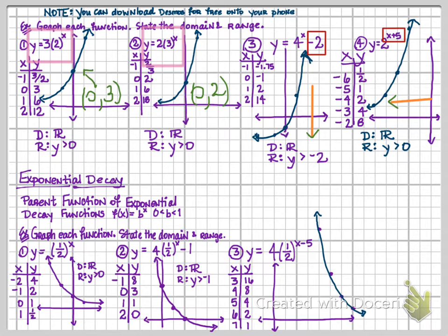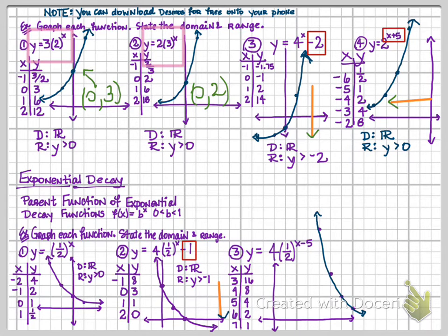So there's something really important that I forgot on this entire page. I'm going to fix that in a second, but I want to talk about these exponential decay functions real quick. If you look at the first one, you see that your domain is all reals and your y is greater than 0. But on the next one, you subtracted 1, and that changes everything so that it moves down 1.